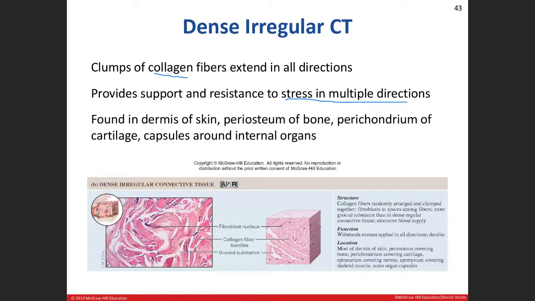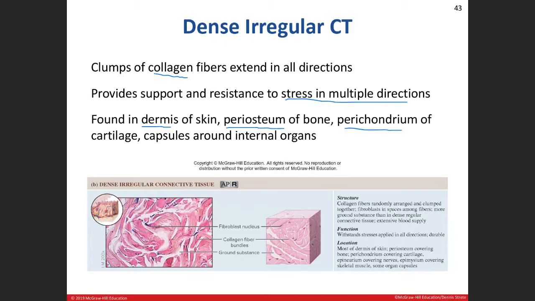So again, we're going to see it in the lower layer of the dermis, in the periosteum, which is the covering to our bones, and the perichondrium, which is the covering to our cartilage. And remember I was saying, if you see a tissue or an organ that has a fibrous capsule around it, when they use the term fibrous, that's usually an indication that it is dense irregular connective tissue, okay?